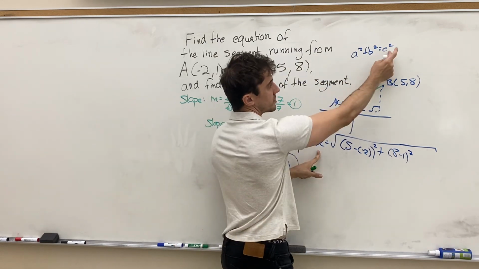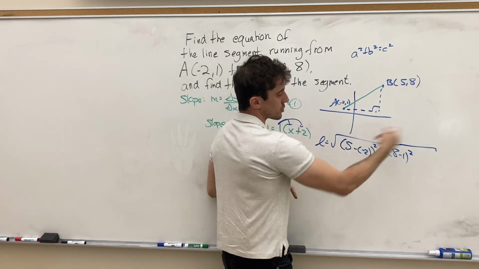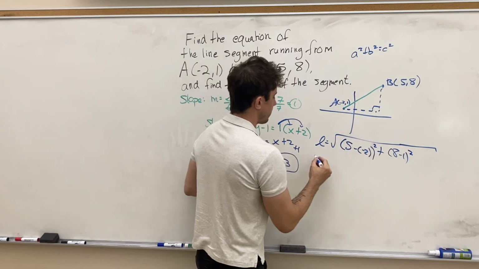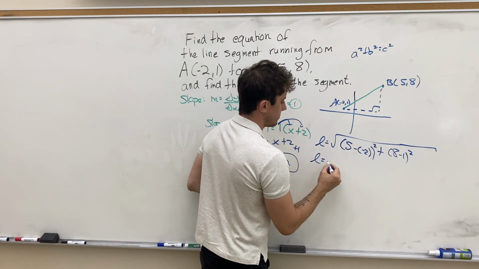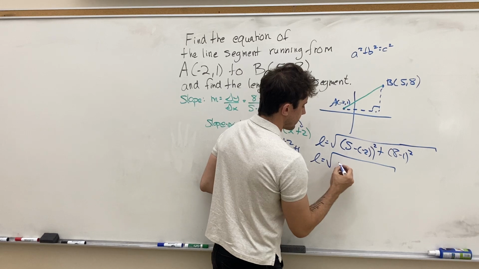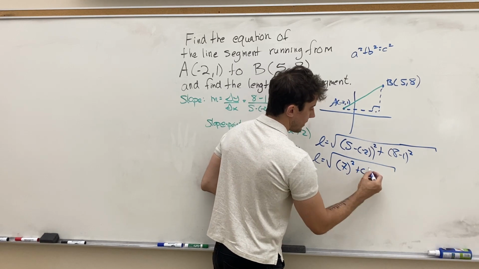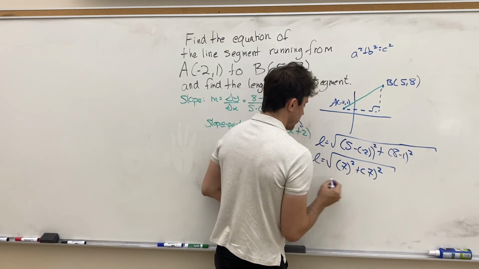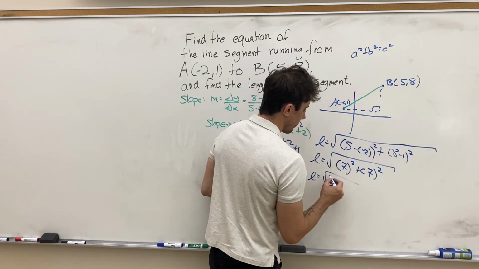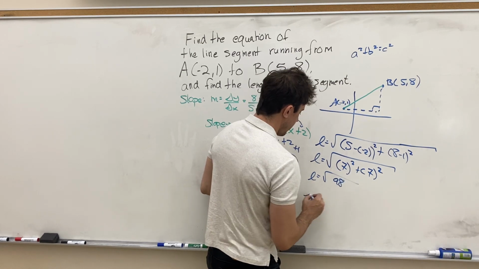And so to just get c, which in this context is the length of this line segment, we take the square root of both sides, and so we're left with a length of the square root of 5 minus -2, that is 7 squared, plus, again, 7 squared, which means we have the square root of 49 plus 49, which is 98, and we can leave it like so.